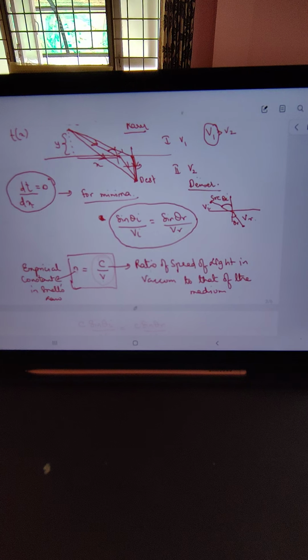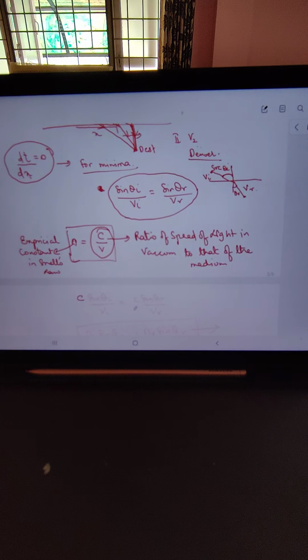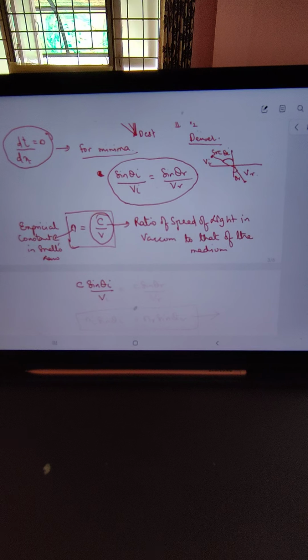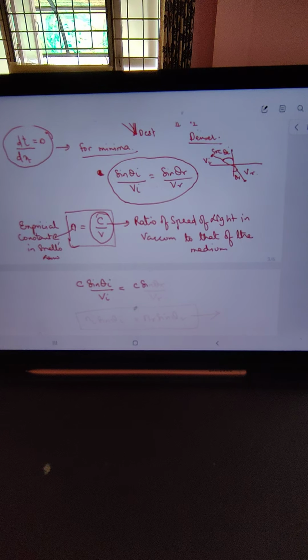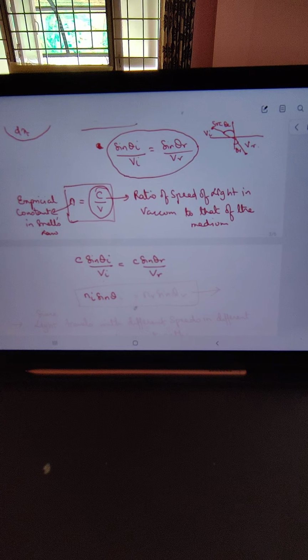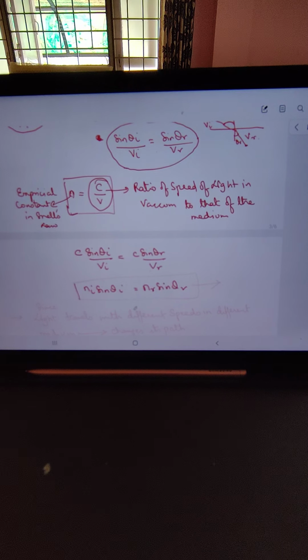So this is coming from theory, and this is an empirical, experimental constant. This is a relation between theory and experiment. Basically you can multiply C on both sides, and now C by vI is nI, so nI sin theta I is equal to nr sin theta r. So you get Snell's law derived from theory. This law, which was experimentally discovered by Snell, can also be derived from Fermat's principle.